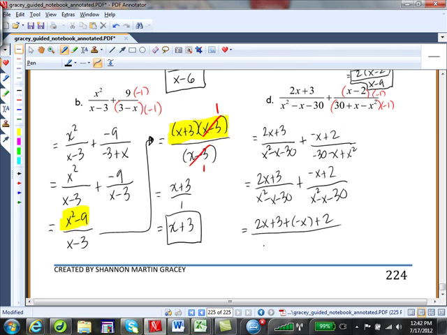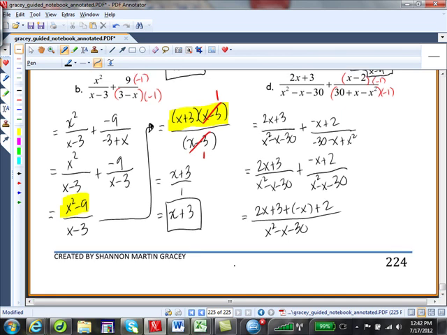and I will have this result here. So then, once I combine like terms, 2x minus x is 1x, and 3 plus 2 is 5. And then I'm going to factor that denominator. I believe it'll factor as (x + 5)(x - 6).